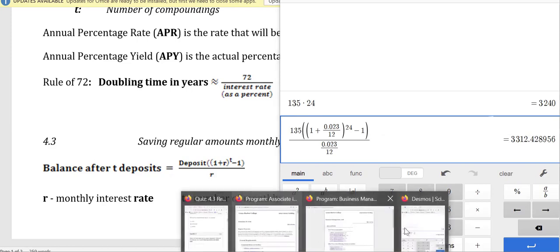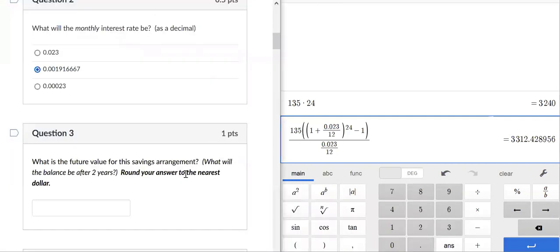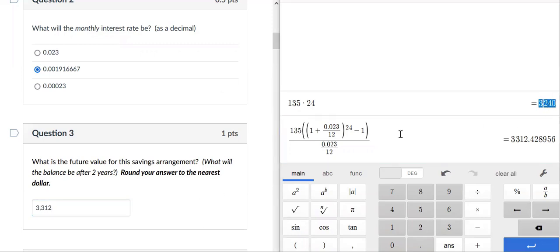Let's have a look here. Round your answer to the nearest dollar. So we should get 3312. Now notice that that's very close to 3240. The interest gave us almost nothing, right? But it's always good to do that as a rule of thumb.